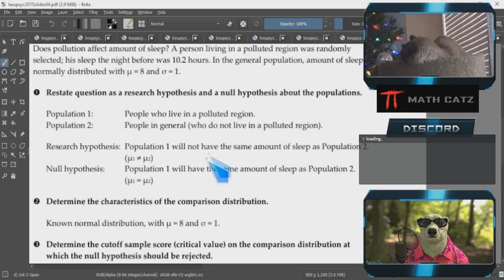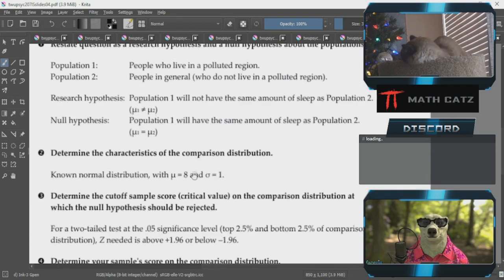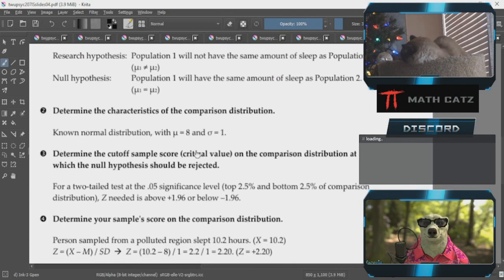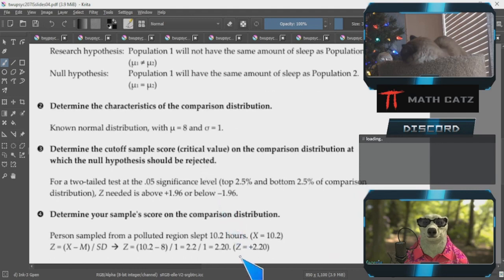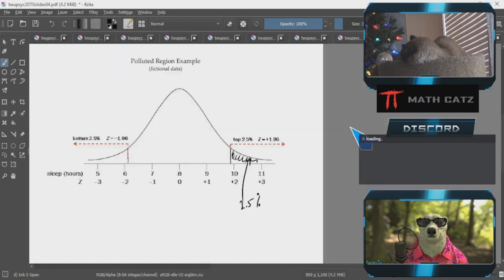Let's see what we got. We got a sample score corresponding to 2.2 in the z-score. Let's visualize 2.2. Oh yeah, for sure, that's over here. Z observed is 2.2, right?